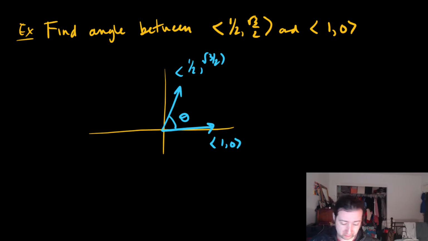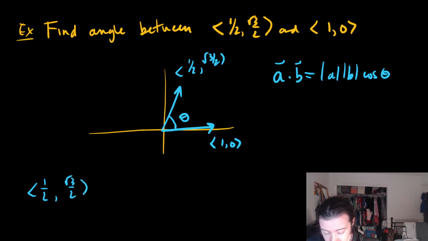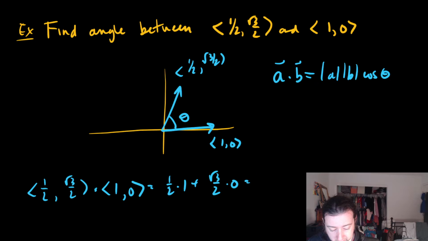So what the formula says is that the dot product of these two vectors, A dot B, should be equal to the length of A times the length of B times the cosine of the angle between them. Now, the dot product of these vectors is very easy to compute. 1/2, root 3 over 2 dotted with 1, 0 is 1/2 times 1 plus root 3 over 2 times 0, which gets you 1/2.